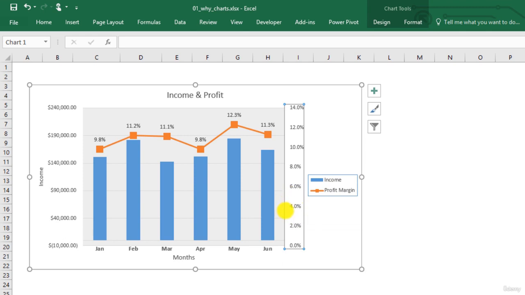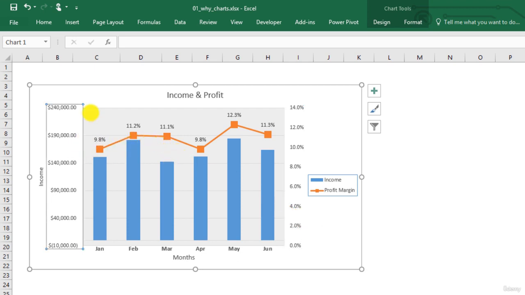If the profit margin were plotted using the left axis, the line for profit margin would not even be visible. It will be so close to the horizontal axis that we would not be able to even see it. Therefore, adding a separate secondary vertical axis solves this problem. Now we are able to add two different scales on a single graph.